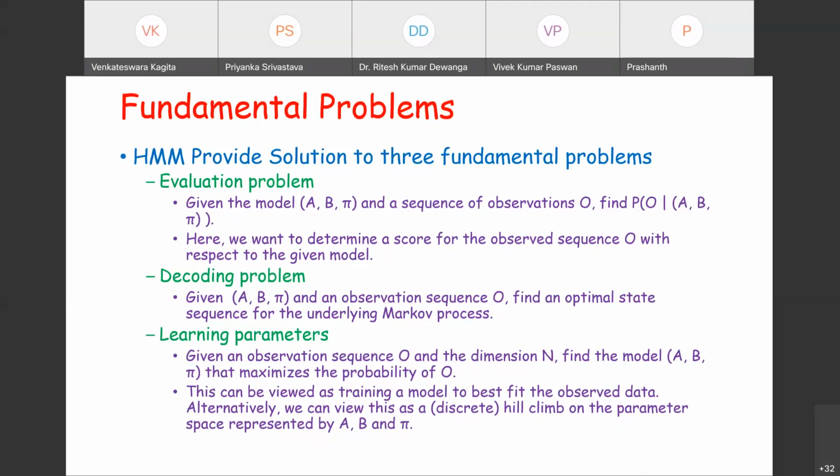We just need to find the optimal state sequence for this observation. So we need to find the probability of q given x and theta. This also we have seen. In learning parameters, we are given the observation sequence and the dimension n, which means the number of states. So find the model A, B, pi that maximizes the probability of the observations. So you have to learn the parameters A, B, and pi here. So these are the three fundamental problems.